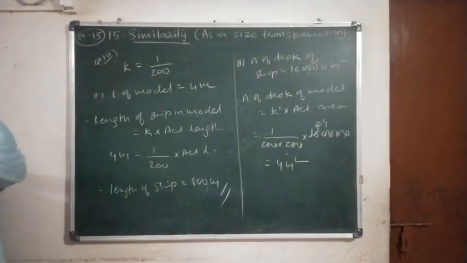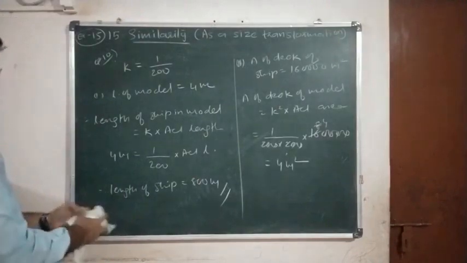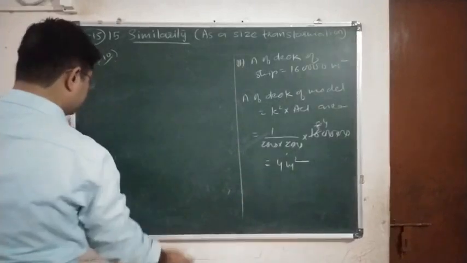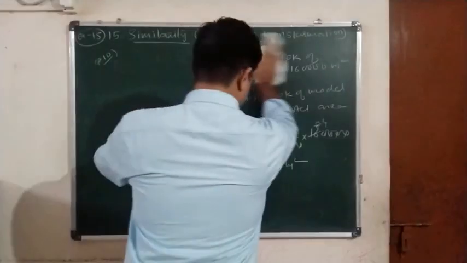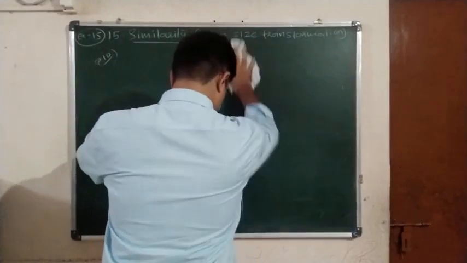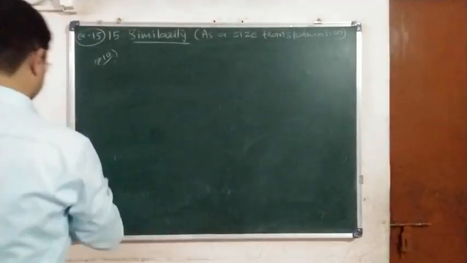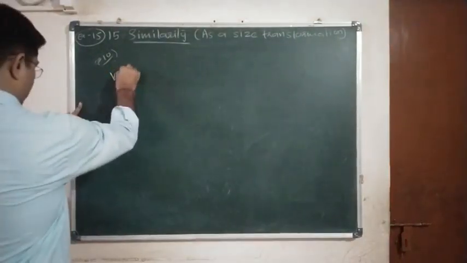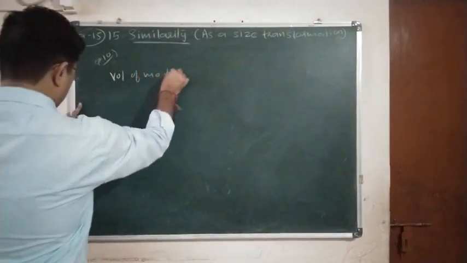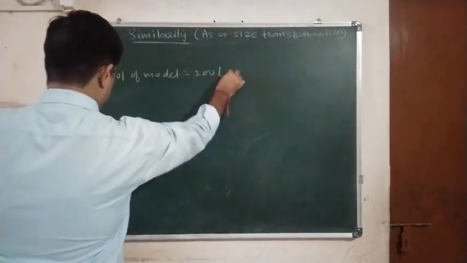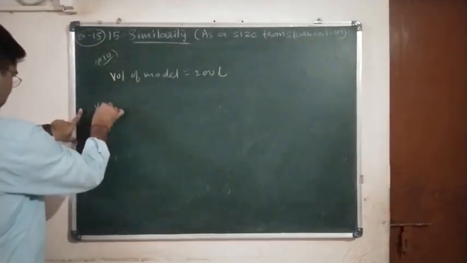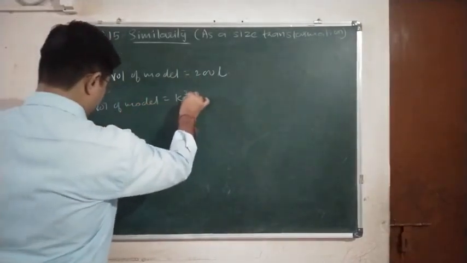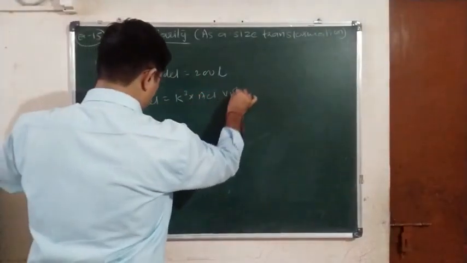Now the third one and the last one, the volume of model is 200 liters. Okay, we have to find the actual volume in cubic meter. So volume of model 200 liters. So let us put the formula. Volume of model is equal to k cube into actual volume.